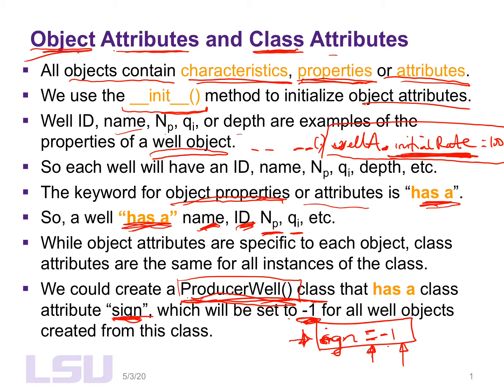So producer well has a sign -1. So the "has a" is used to distinguish between properties and methods, which are the behaviors which we have talked about before. So while object attributes are specific to each object, class attributes are the same for all instances that you create from the class, like I explained earlier.